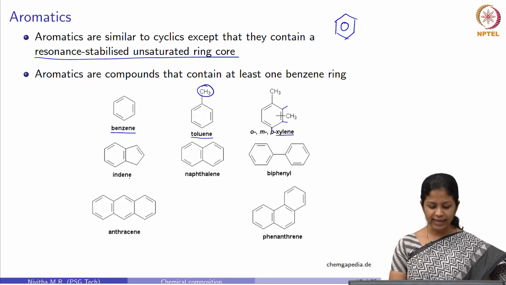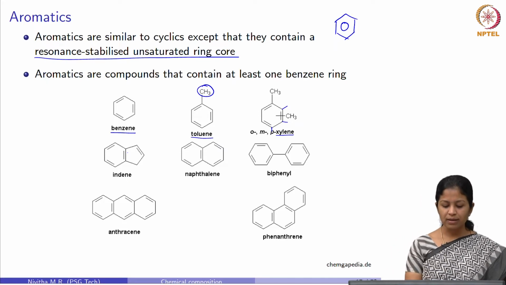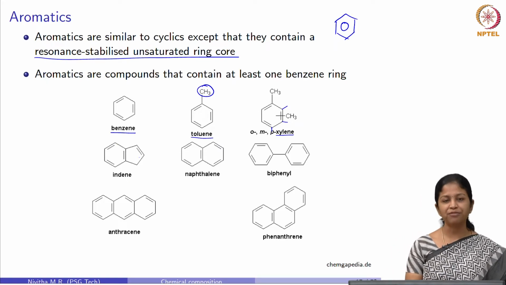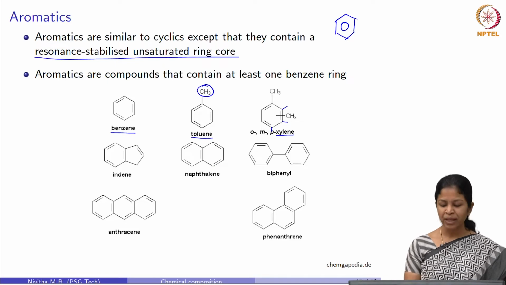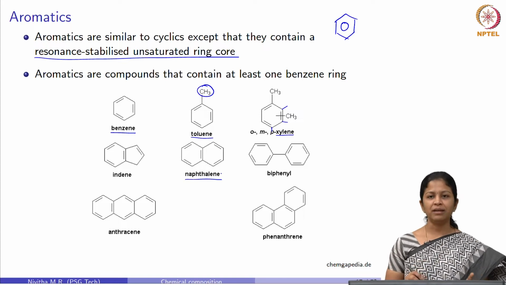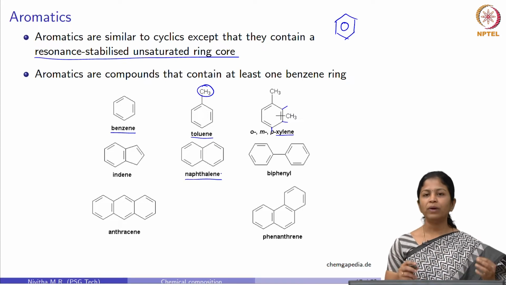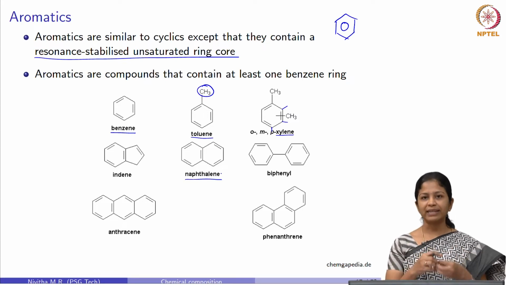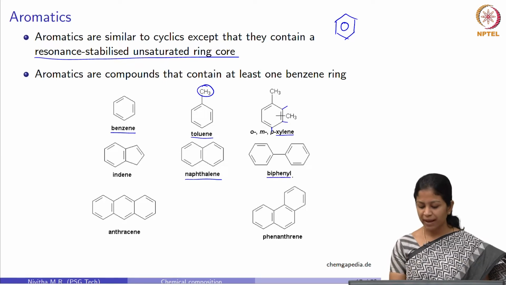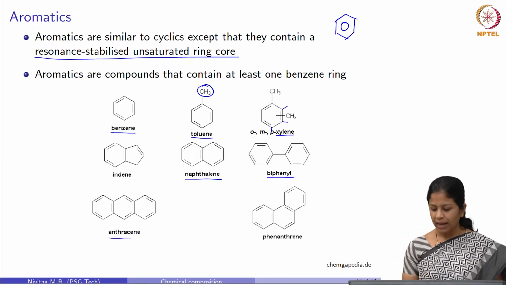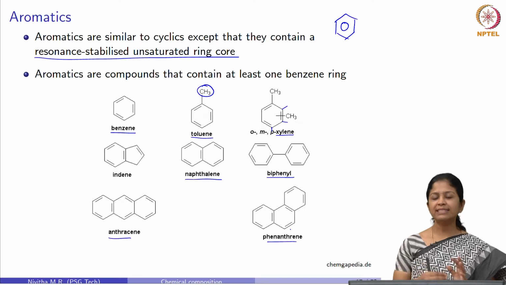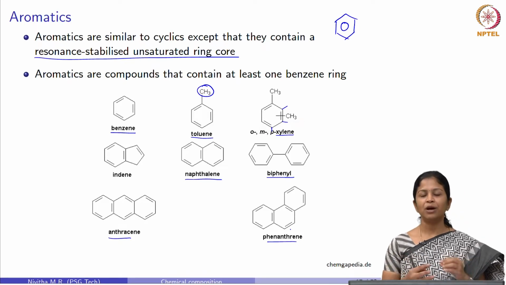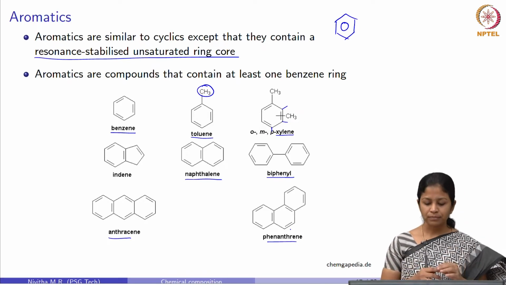Then we also have indene, where there is a 6-membered ring attached to a 5-membered ring which is present here. Here we have naphthalene. Previously I told you that was naphthene. Here we have naphthalene, where there are 2 benzene rings attached together. We also have biphenyl, anthracene and phenanthrene. So, these are some forms of aromatics which are present in bitumen.